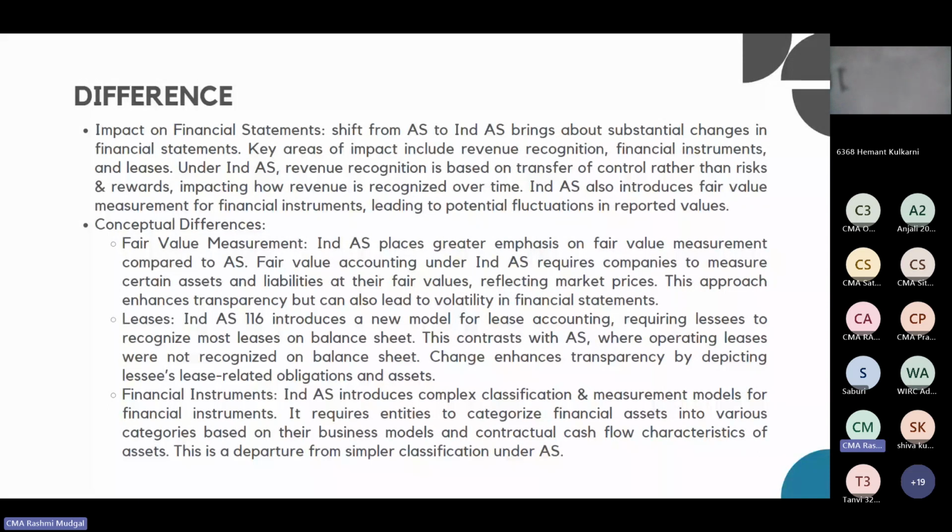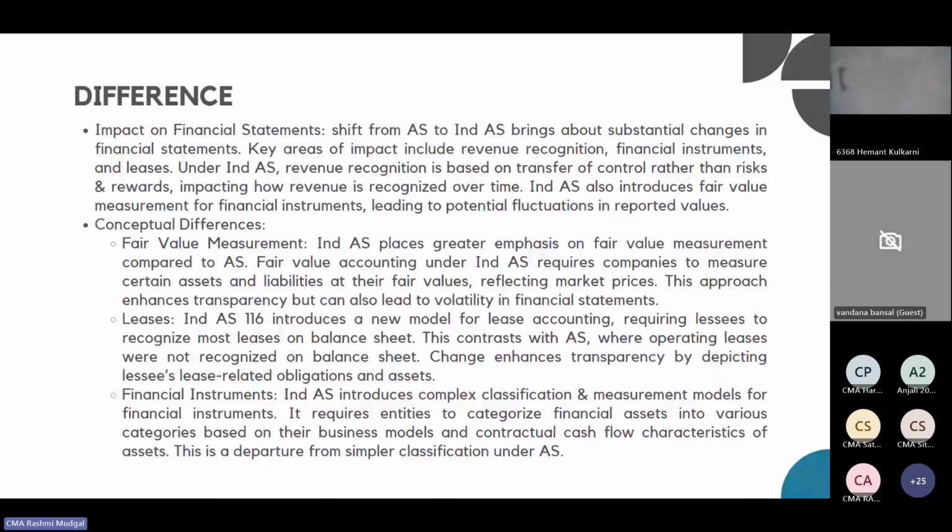Under Ind AS, revenue recognition is based on the transfer of control rather than risk and reward, impacting how revenue is recognized over time.